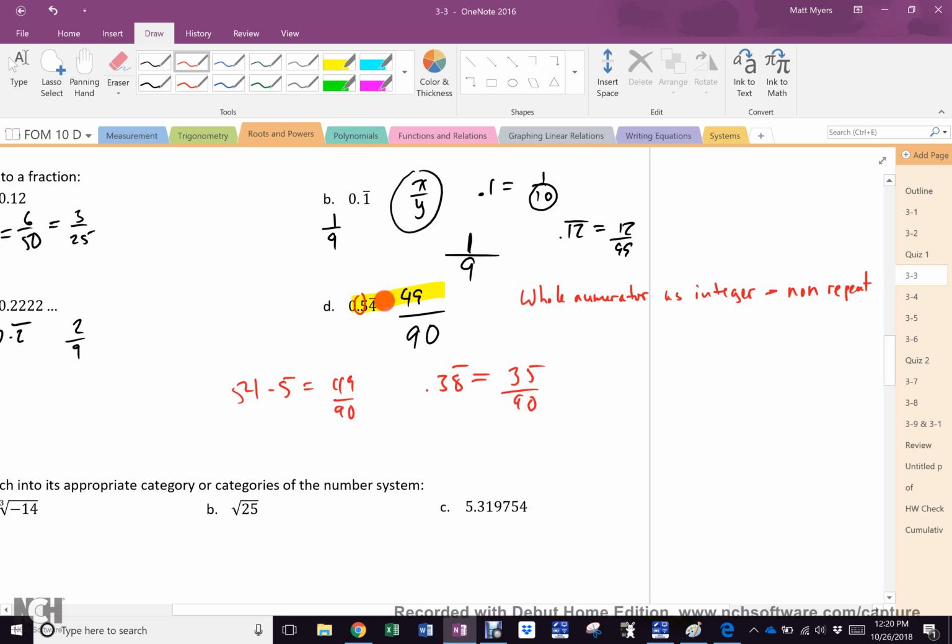So in this case, it was 54, the whole thing, minus 5, because the 5 didn't repeat. In my example, it was 38, the whole thing minus the 3, because the 3 didn't repeat. And then you put all of that over a 9 for each repeater and a 0 for each non-repeater. Everybody with me? So what then would 0.123 repeating be?